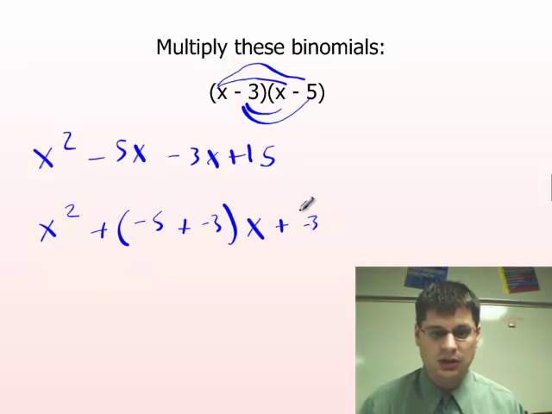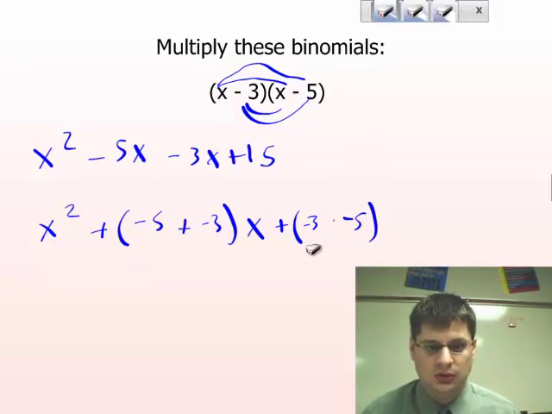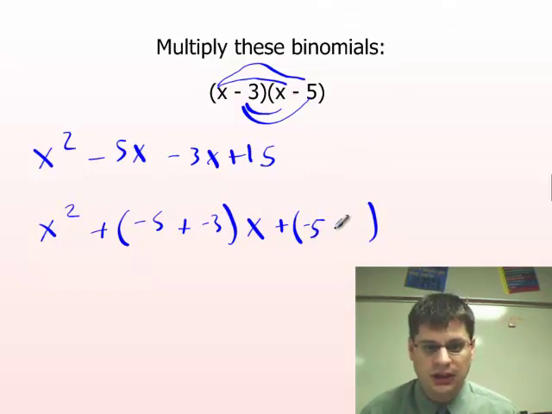So that's negative 3 times negative 5, or negative 5 times negative 3. In any case, let me just switch that around to make it look a little bit more consistent. So that's negative 5 times negative 3.